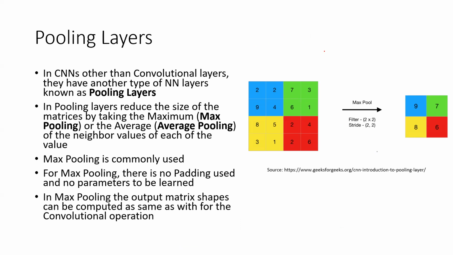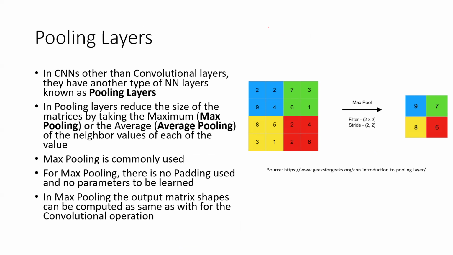So in a convolutional neural network, we said that we can have convolutional layers, and it can contain not only a single convolutional layer, it can contain multiple convolutional layers as well. And in a convolutional neural network, there are not only the convolutional layers, right? There can be other forms of layers as well.